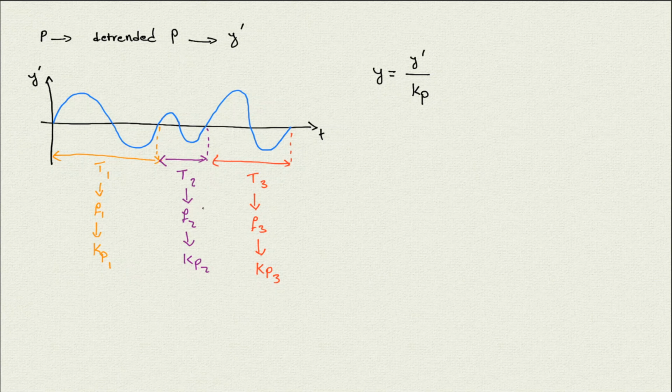Similar to what we had in the previous section, if we have a very small Kp, then we are going to have an artificially large y value, which is going to be wrong again. So we have to limit the lower value of the Kp.